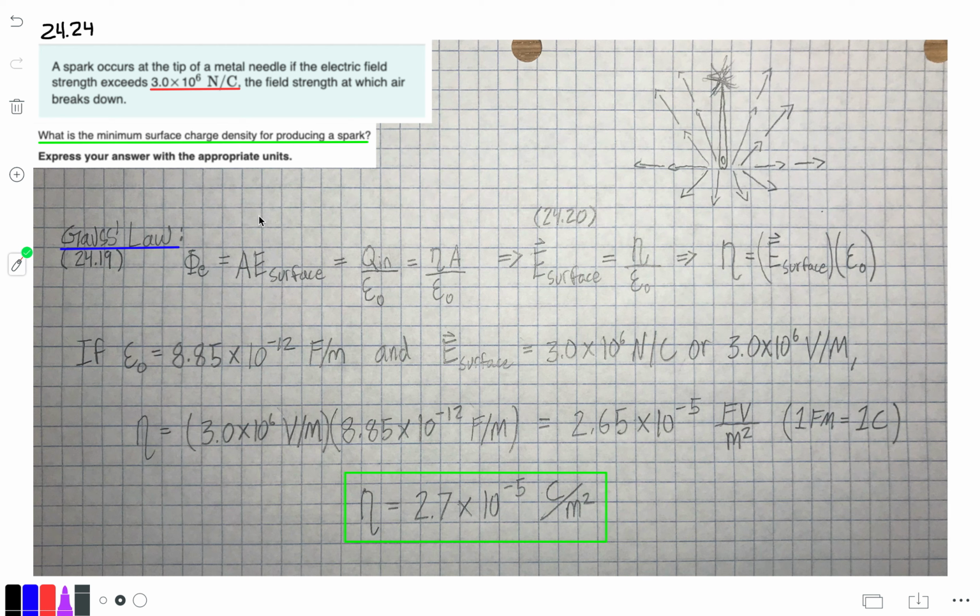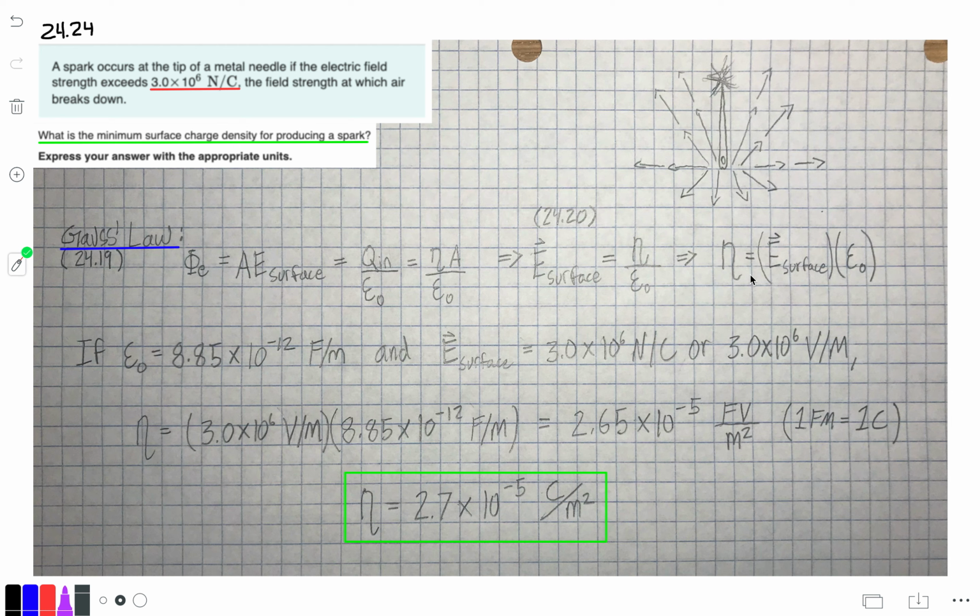If we set this equal to this, we can just cancel our A values and solve for this right here, which is also a given equation: our electric field strength equals our surface charge density divided by our permittivity of free space. And then we can just go ahead and rearrange to solve for our surface charge density.